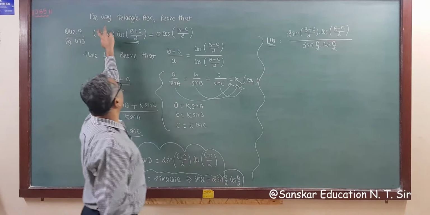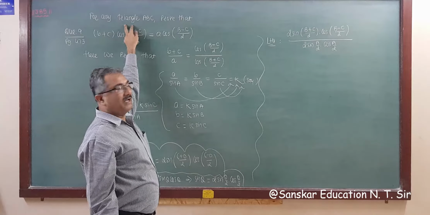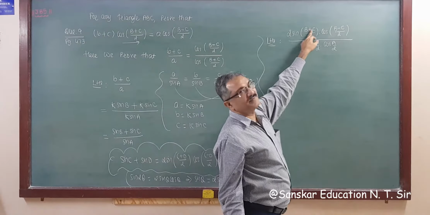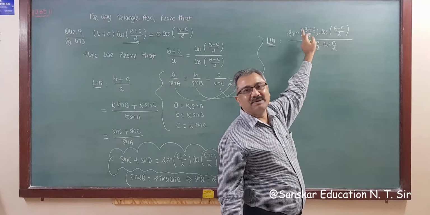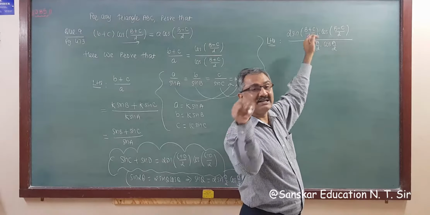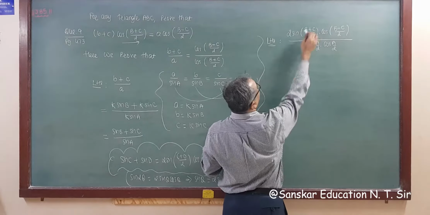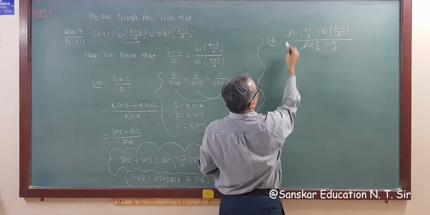Now we are proving for a triangle, and for a triangle a plus b plus c is equal to pi. That means b plus c is equal to pi minus a, that you know. So writing pi minus a here, these two will be cut.